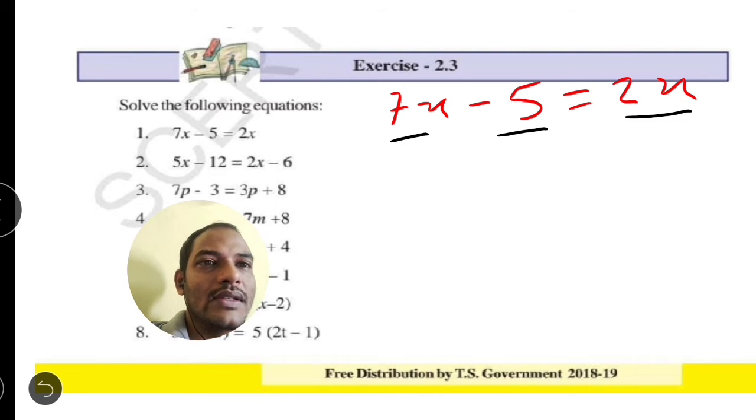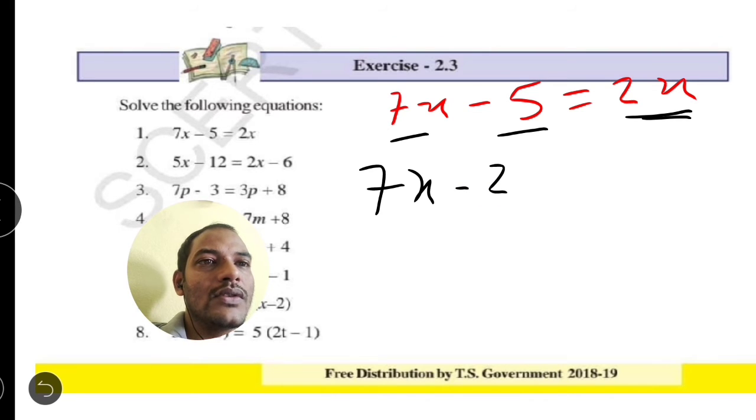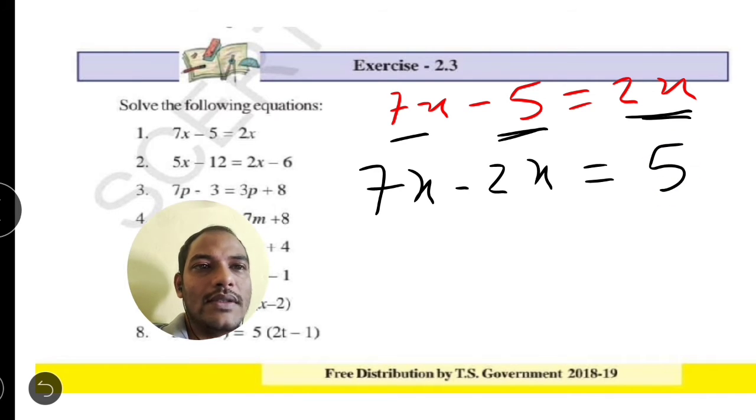Here 7x is already on the left side, so I am not changing anything. But 2x is on the right side, so transpose it to the left side. 2x is positive, so when you transpose it to the LHS side, it will become negative. Next, constants go to the RHS side. Here we have only one constant, that is minus 5. It will become plus 5 when you transpose it to the RHS side.